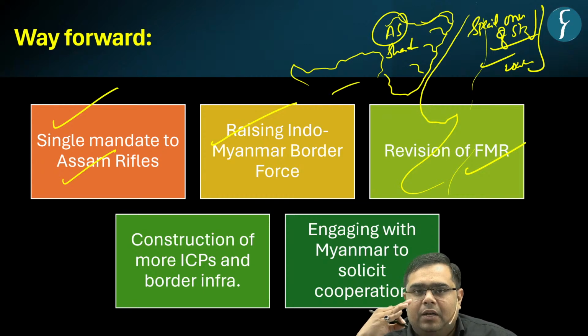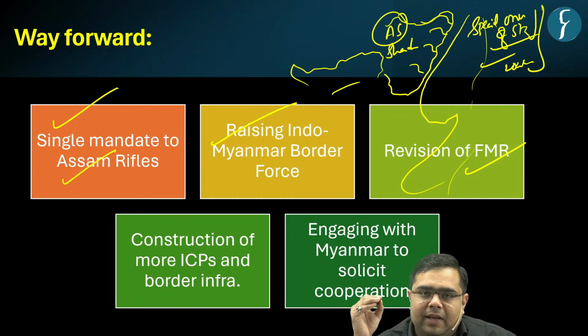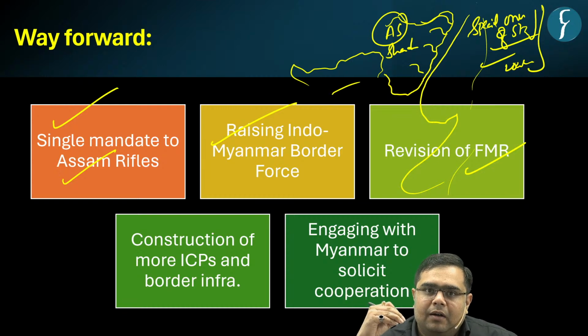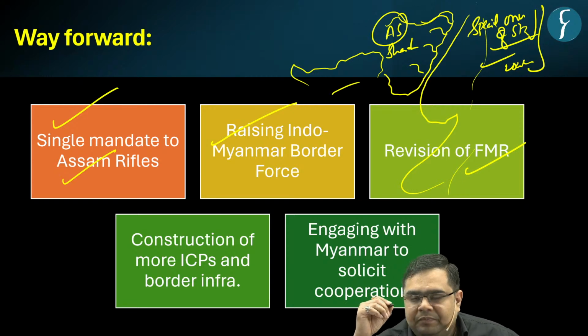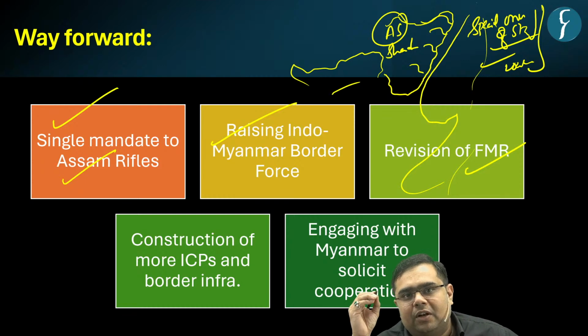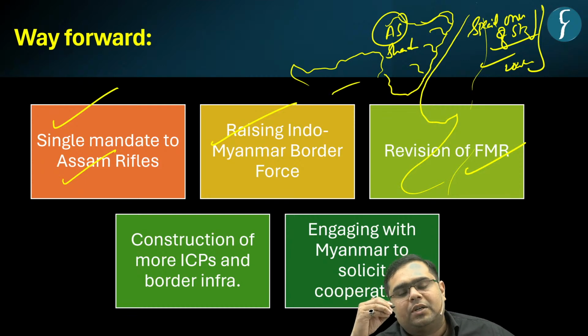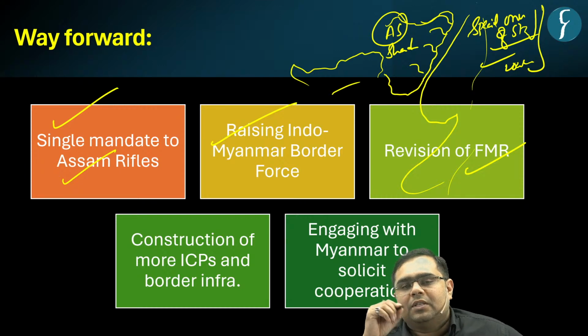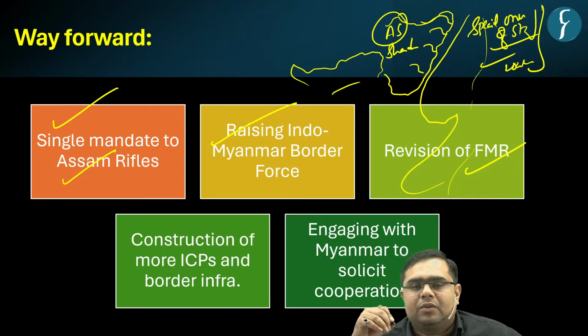And the issues emerging are again very outdated, because earlier maybe we did not have the capacity of surveillance when it came to the management of borders, but right now we have the capability and capacity for better border management when it comes to the state of Myanmar or even Bangladesh. So there needs to be a revision of the free movement regime. Supposedly, let us say it is visa free entry and exit for, let us say, 15 days, it could be reduced to 10 days, right?